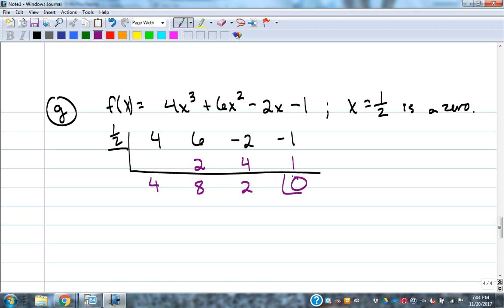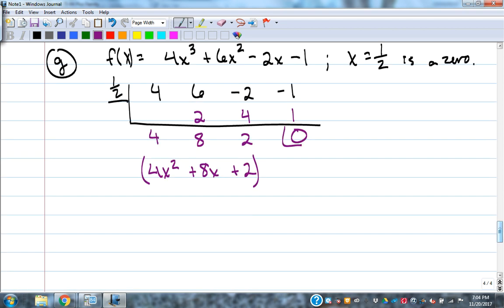So now I've got 4x squared. Because I started with x cubed, I did synthetic division once. I now have 4x squared plus 8x plus 2. I can either factor that or use quadratic formula on it. It doesn't matter which one, but what do I know about quadratic formula? It always works. So that's one of the reasons that you want to use it.